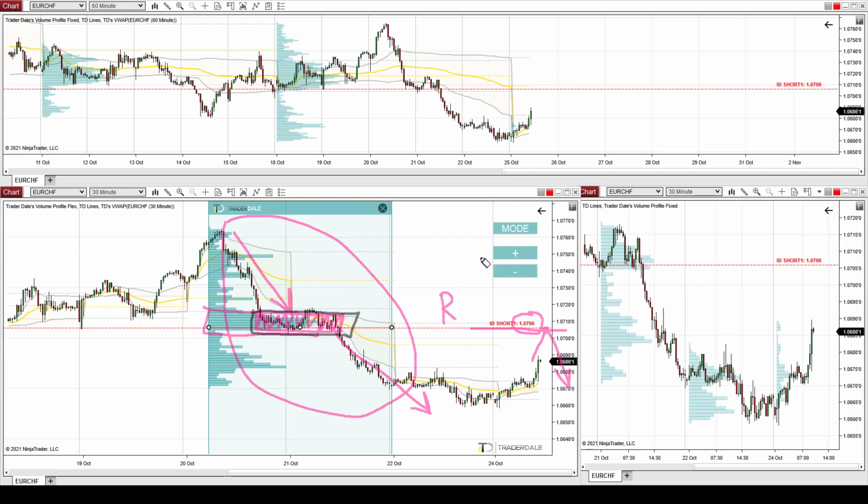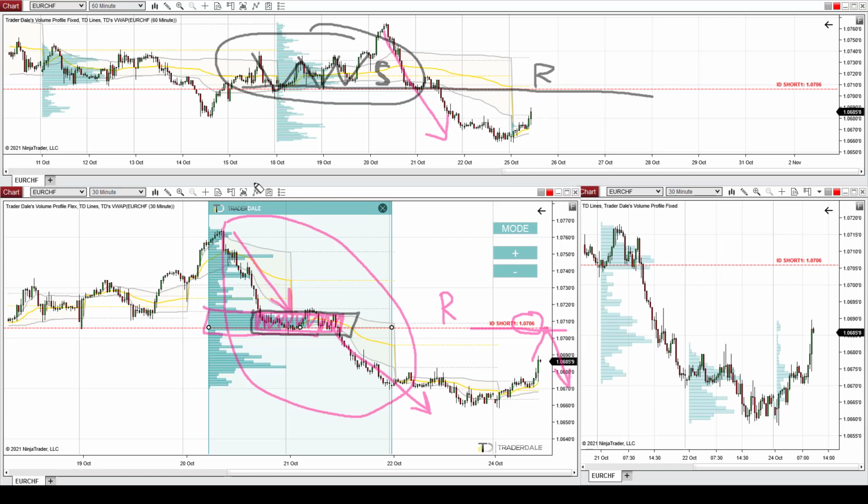There's also one more thing to it. If you look here, the price was bouncing off this zone several times in the past, which means that it worked as a strong support. Then the price went past the support, which means that the support turned into a resistance.